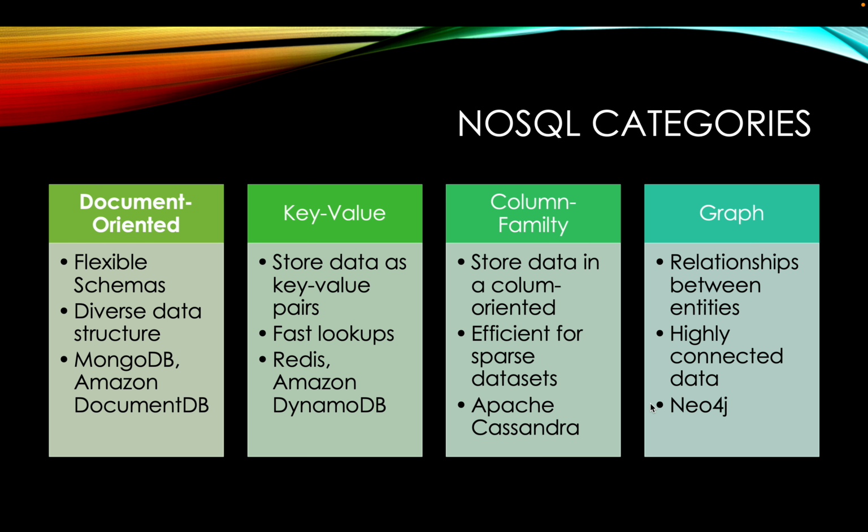The other one is the column family, which is different from the record style. Normally we always use records, but with a column family you can use a column-oriented approach. It is good for sparse data. You can try Apache Cassandra. The last one is graph.